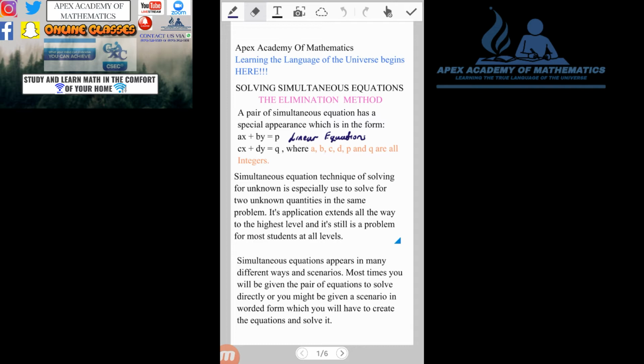All right, so there are different situations which can be derived for simultaneous equations, but for this video we're just going to be going through the whole process of applying the steps. In future videos I'm going to be talking about worded problems involving simultaneous equations. So for now, just work on building your fundamentals in this.